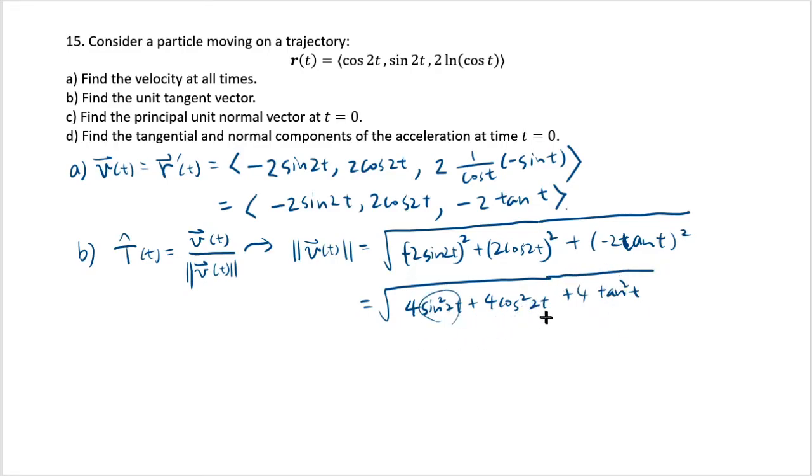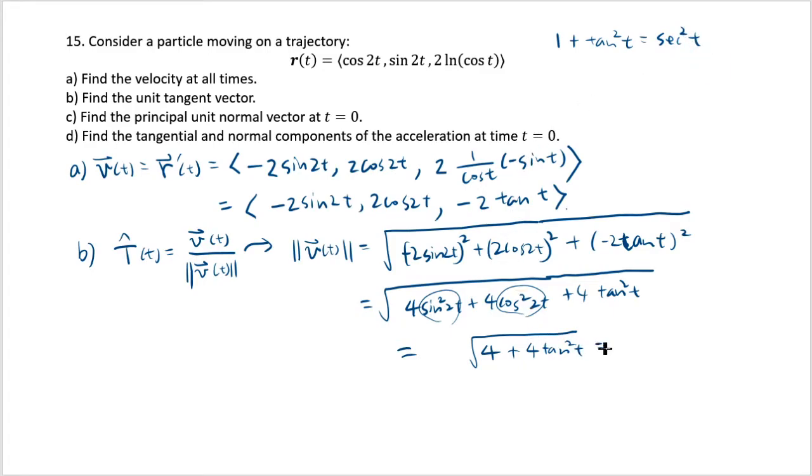And sine squared plus cosine squared gives you 1, so that gives you 4. And this is a tricky part here. You may or may not know this formula: 1 plus tangent squared is the same as secant squared.